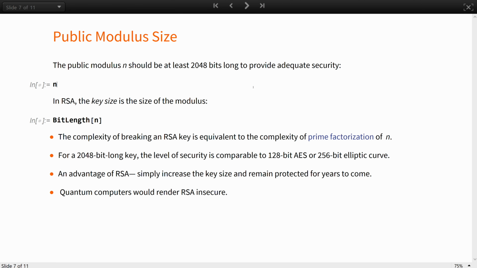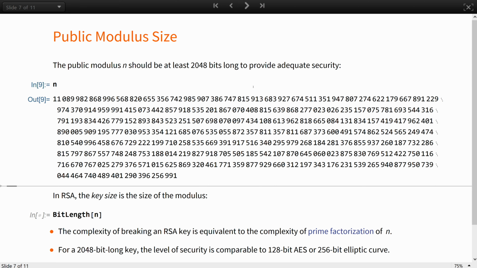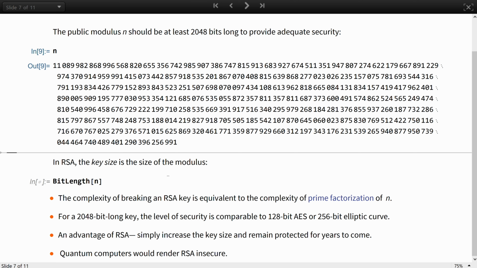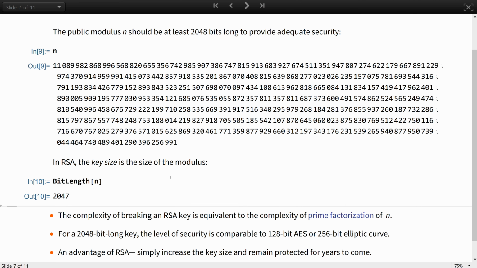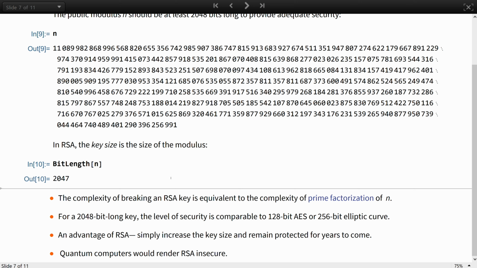The public modulus n, the product of p and q, is recommended to be at least 2048 bits long to provide adequate security, which affects the speed of every future encryption. In the context of RSA, the key size is the size of the public modulus. The complexity of breaking an RSA key is equivalent to the complexity of solving the hard problem of prime factorization of the public modulus.